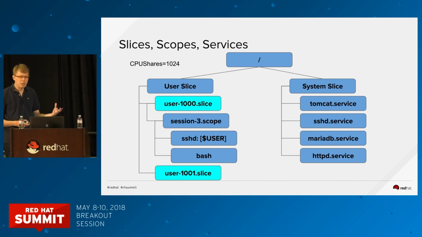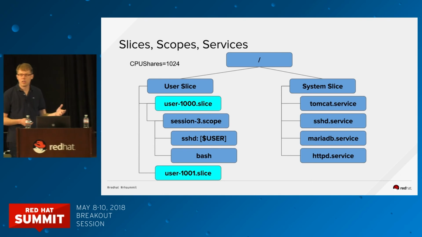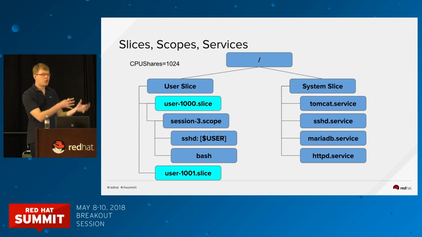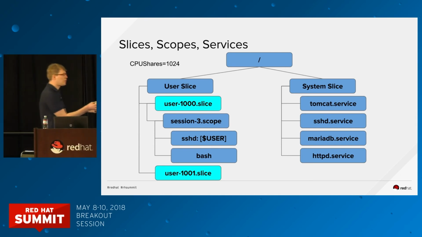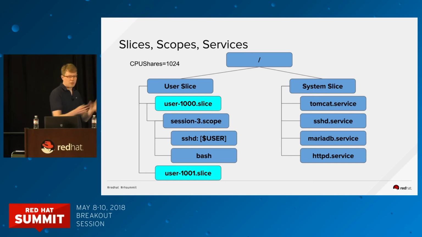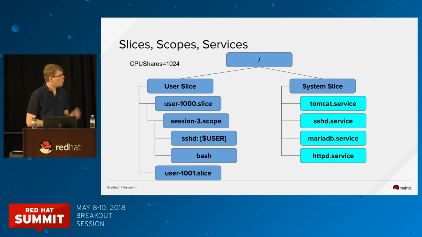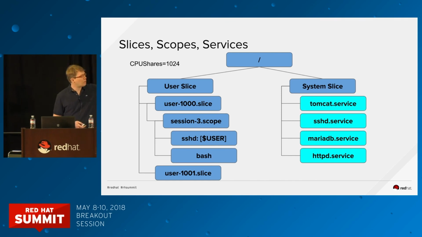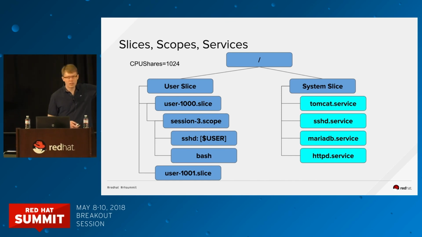This basically enables you to say that if you have 5 users on the system, you can be sure that they each get an equal part of the available resources under pressure, but not more than the others. More interesting, I guess, for our RHEL deployments is the system slice part, because every system service that you have will get a service that is attached to the system slice by default.